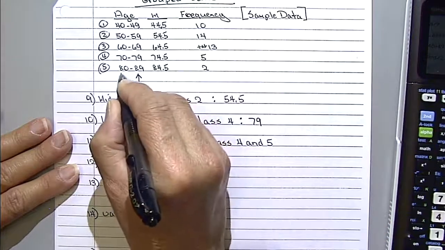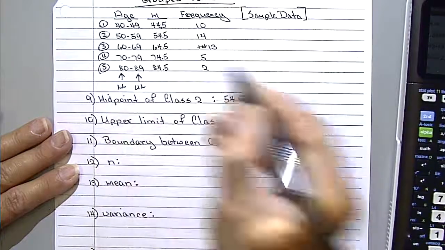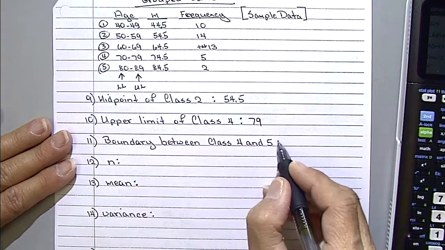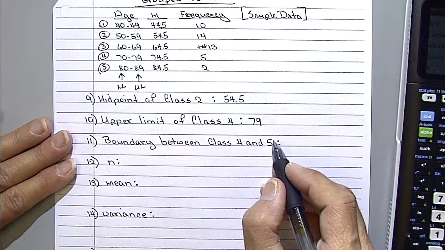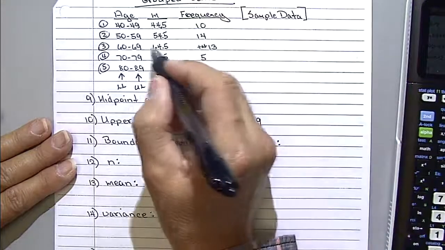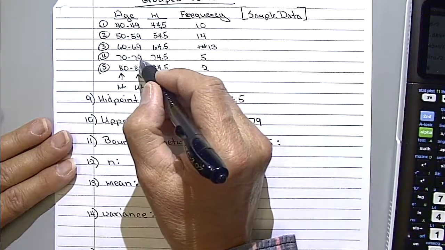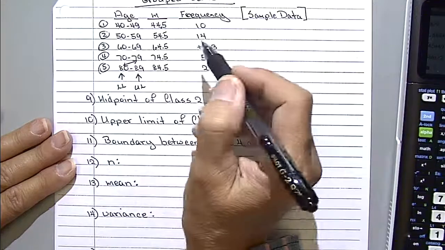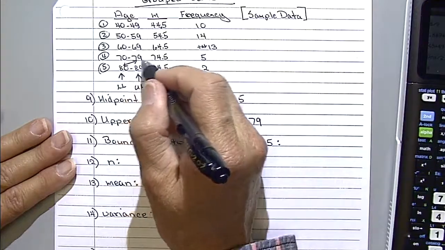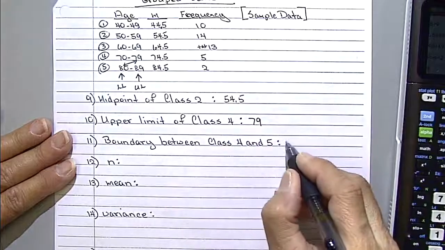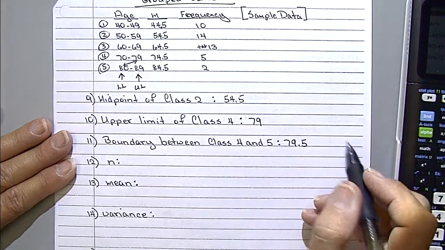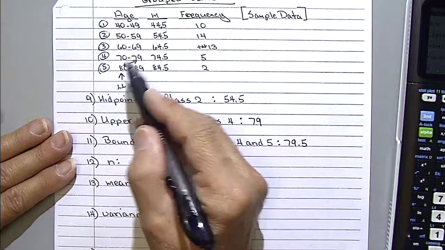What are these? Lower limits. Okay, good. So what's the boundary between class 4 and 5? That's a tough one, isn't it? 79.5. Yeah. Here's class 4, here's class 5. We're saying what's halfway between these two numbers, right? 79 and 80. You would go 79.5. Wouldn't you? Halfway between 4 and 5. Okay?